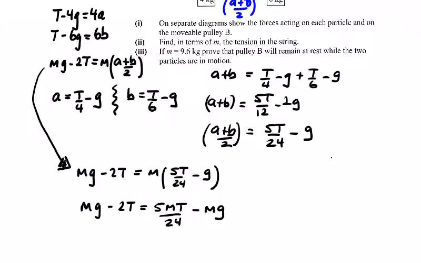So that's 2mg is equal to 2T plus 5mT over 24.